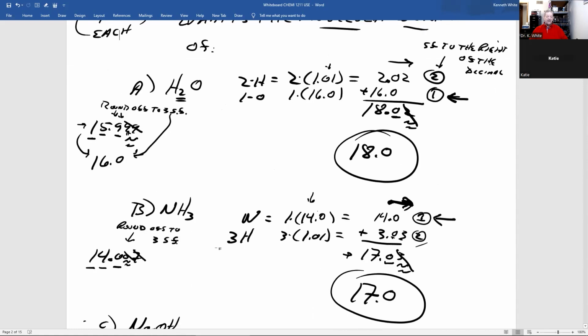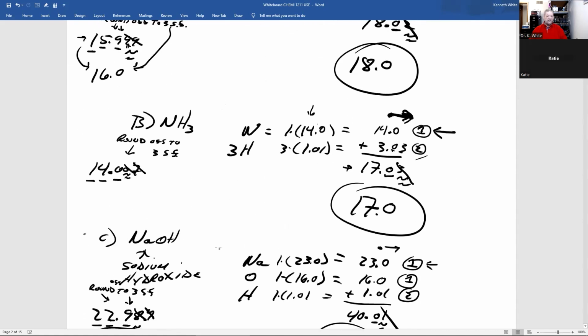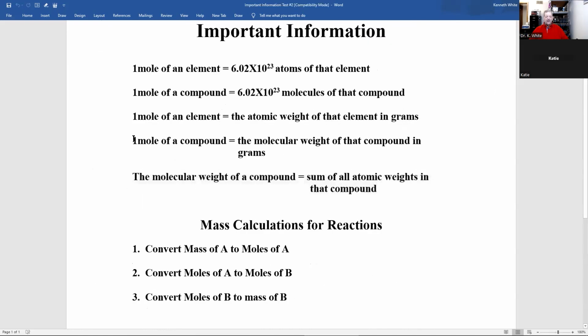Now, on that sheet, it also asks, what's the molecular weight of ammonia, NH3? Well, how do you do that? In case you forgot, 1 mole of a compound equals the molecular weight of that compound in grams.